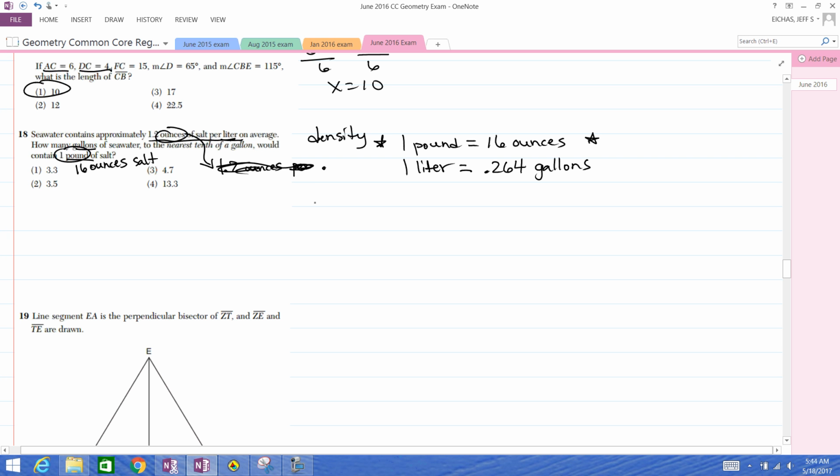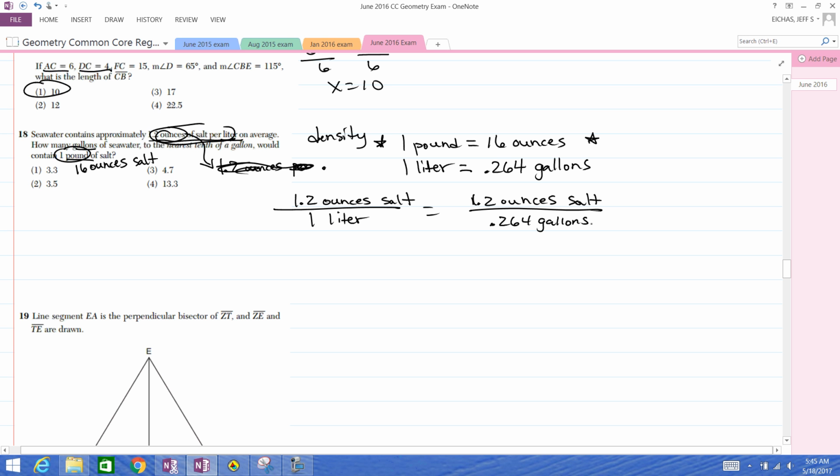So basically what this means, 1.2 ounces of salt per liter, means we're going to have 1.2 ounces of salt to every 1 liter. Well, I'm going to change out the 1 liter. I'm going to make it 1.2 ounces salt, but I'm going to change it to 0.264 gallons.